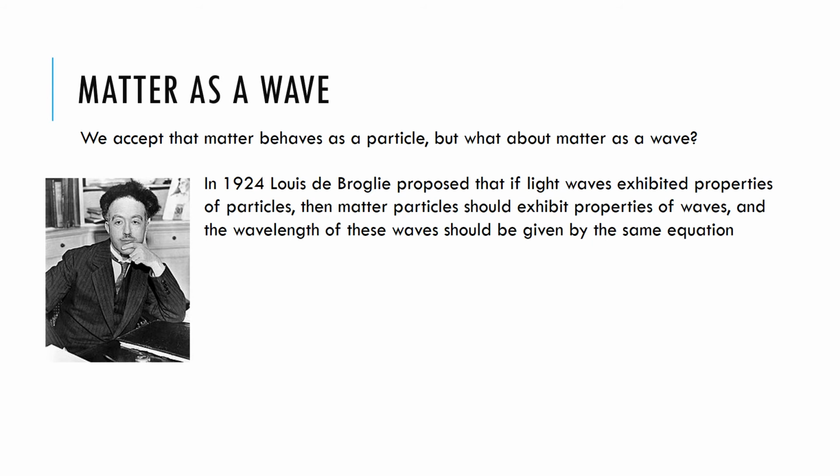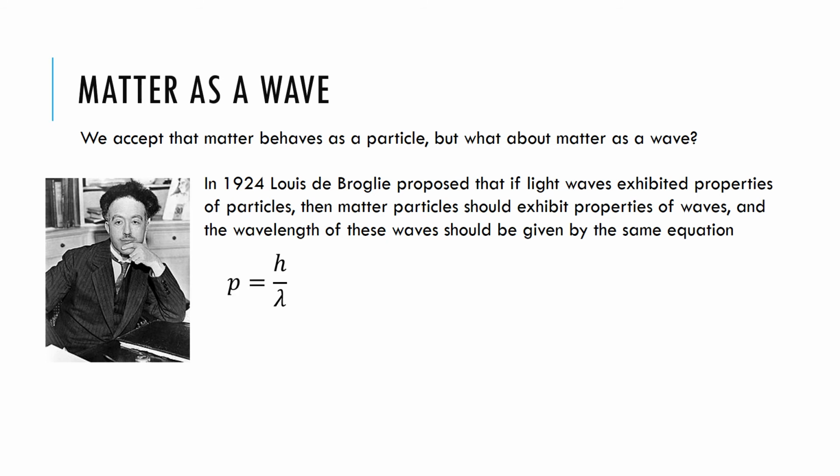This work came as a result of Louis de Broglie's PhD thesis, and he proposed that if light waves exhibited the properties of particles, then matter particles should also exhibit the properties of waves, and that we could think about calculating the wavelength of these waves by the same equations.